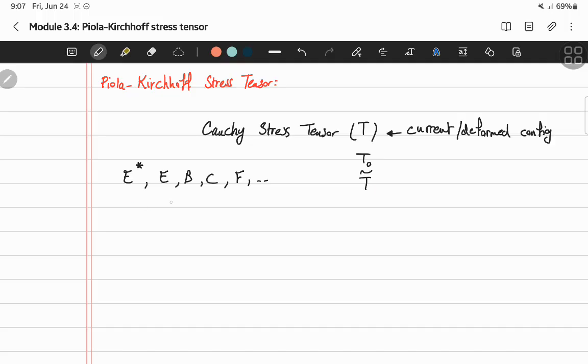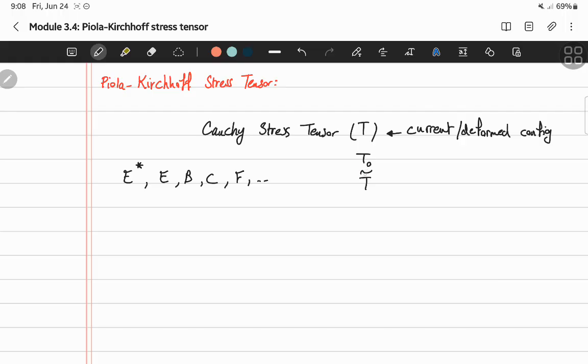So like the previous module where we used, for example, F on some occasions and E or E star on other occasions, here we have a situation where, for example, T is applicable, or T0 suits our problem, or even T tilde.